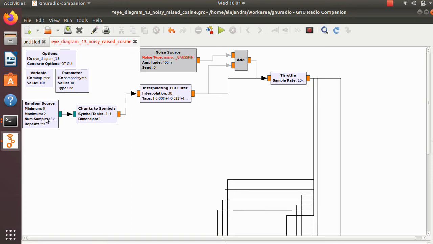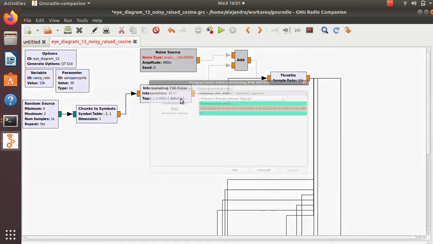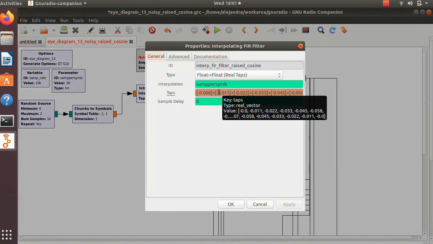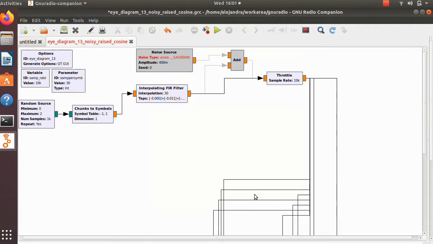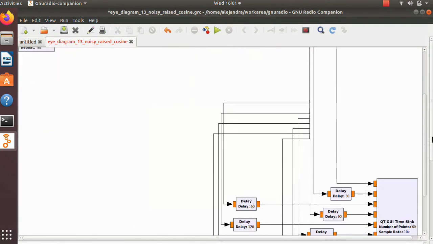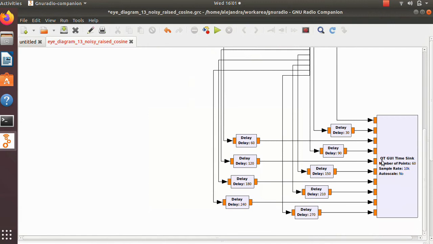The random source generates values between 0 and 1, and the chunks to symbols maps them to -1 and 1. Here is our raised cosine filter, which has the taps taken from MATLAB and copied into the GRC FIR filter, and the throttle keeps the sampling rate at 10,000 hertz.